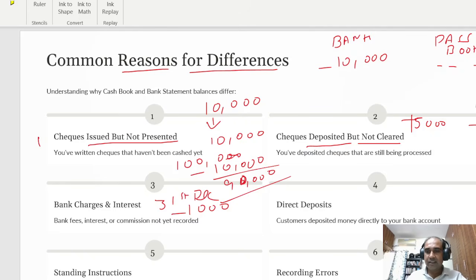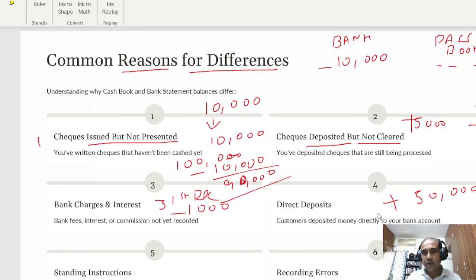One customer has given a check of 50,000 and deposited it directly into my bank account. Now, what will happen? My passbook will increase by 50,000 rupees. Whereas, since the accountant is not aware of this transaction, the company has not recorded this transaction.